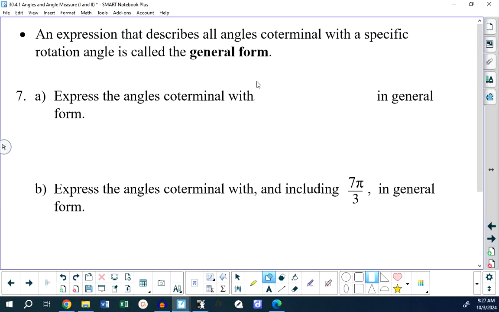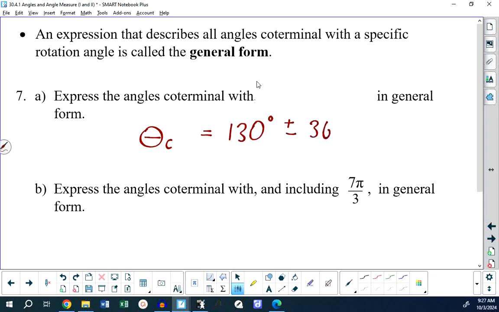Because a coterminal angle is a different angle that has the same terminal arm. So if you were ever asked this, the coterminal angles, you pretty much have to write the following. You pretty much have to write that. Because this is saying we do not want to include 130. It's a rare event. It's like seeing a white elk out in the wild. You may live your whole life and never see it.